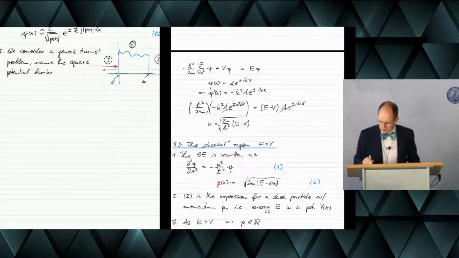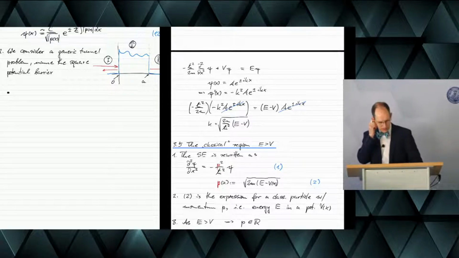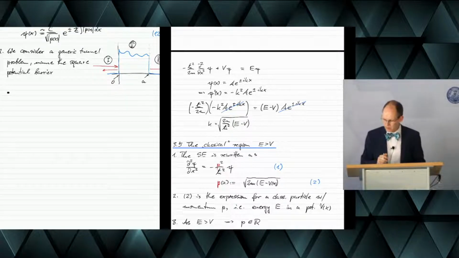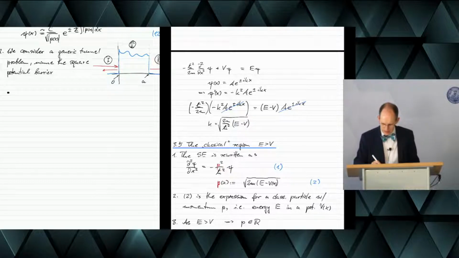Good. So now we solve this zone by zone. So for zone 1, 2, and 3. And we do the simplest ones first, zone 1 and zone 3. So in zone 1, we have an incident and a reflected wave.